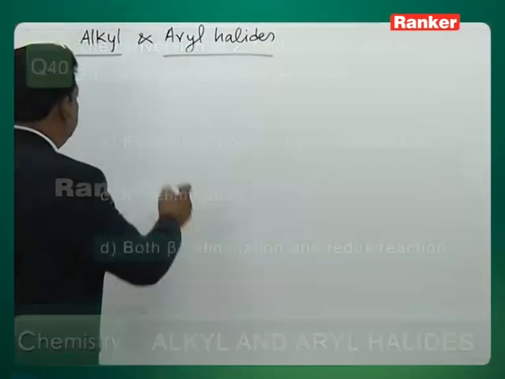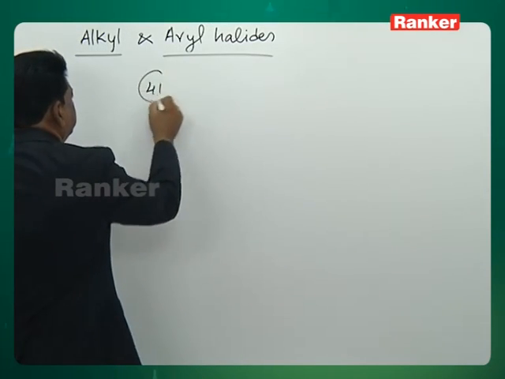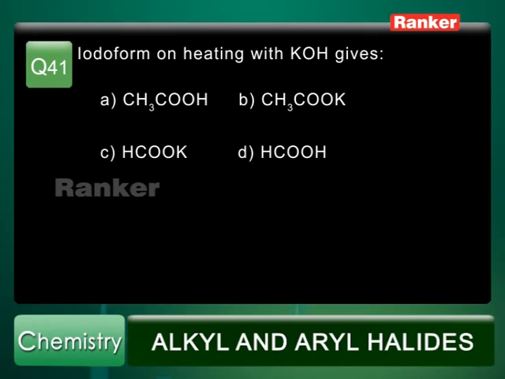So let's go to the next question, 41. Iodoform on heating with KOH gives: option A, acetic acid. Option B is the potassium salt of acetic acid. Option C, potassium formate. Option D is only formic acid.